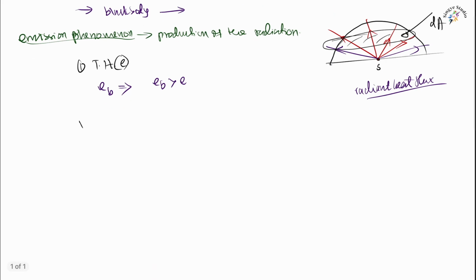Then we also defined one parameter called E lambda, which is the monochromatic one. I forgot to mention in the first case, when we defined the total hemispherical emissive power, that this source S will emit thermal radiation at all wavelengths.